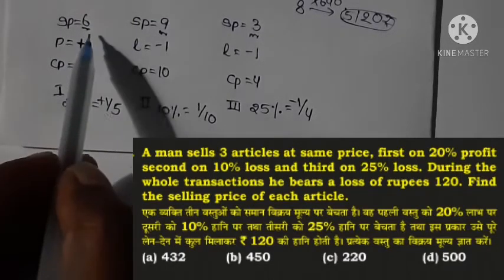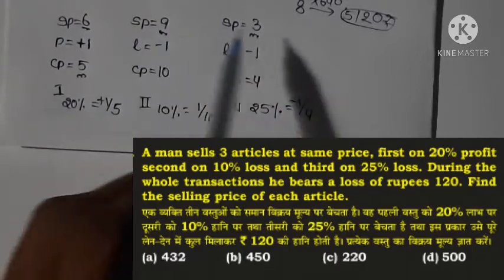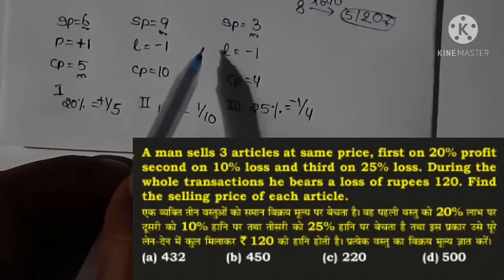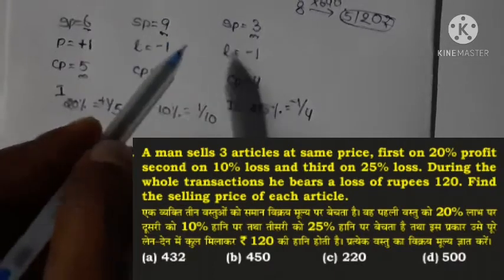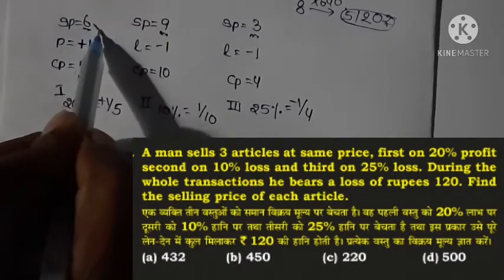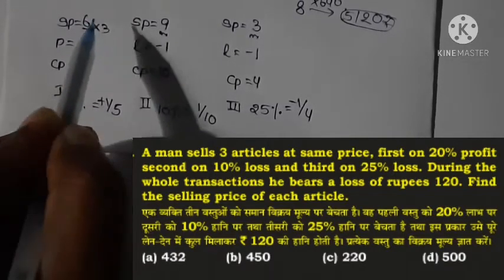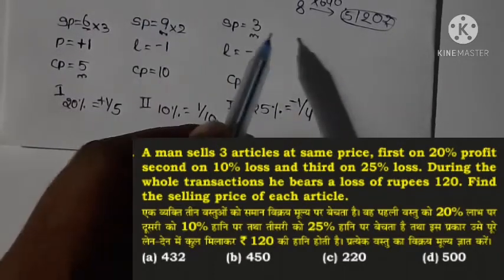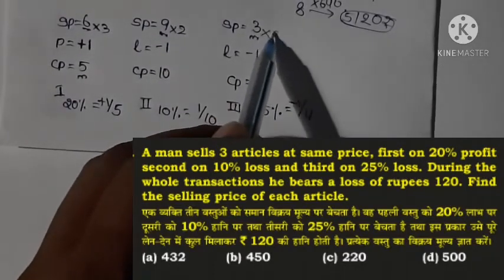So calculate the LCM of 6, 9, 3, so the value is equal to 18. How can I get 18? Multiply this value into 3, multiply this value into 2, and multiply this value into 6.